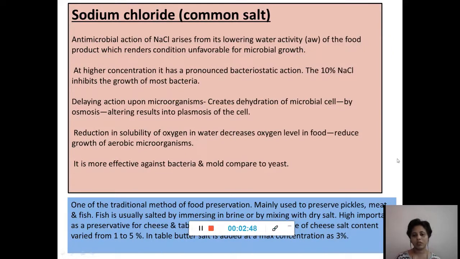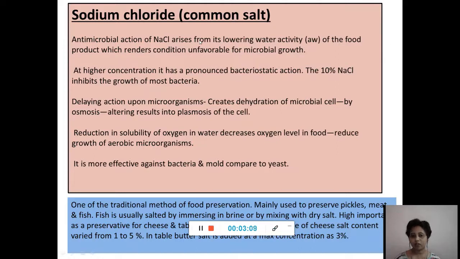Now, coming to some of the preservatives that we use, sodium chloride is quite familiar, the common salt. Its antimicrobial action mainly happens because it lowers the water activity of the food product, and this creates an unfavorable condition for microbial growth.